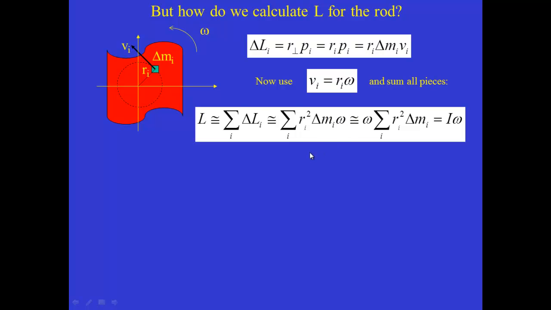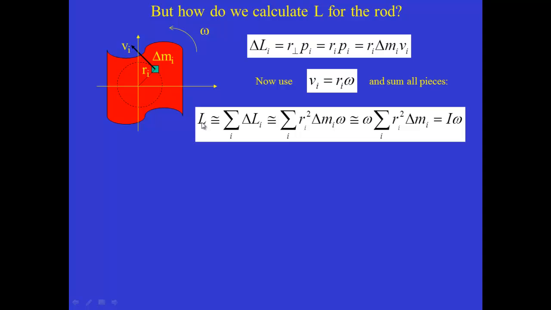The omega is the same for each piece because every point on the rotating object has the same angular velocity. So omega comes outside of the summation, and look at this. That summation is the same one that we've seen before when we were calculating the kinetic energy of rotation. And so that's just the moment of inertia I.